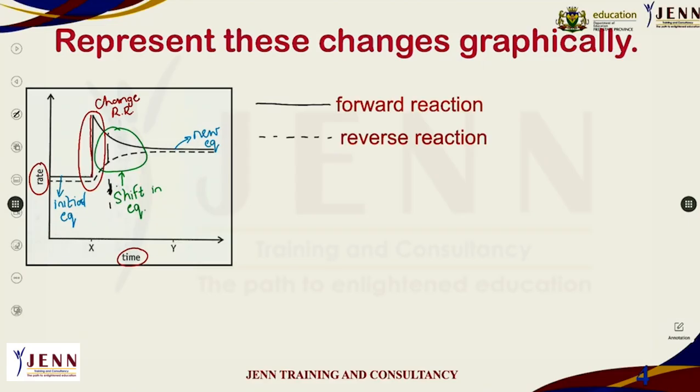So that means that's a change in concentration. If they both go up, then it's pressure or temperature. So I increased the concentration. What happened to the equilibrium? The equilibrium decreased, and it then favored the reverse reaction.